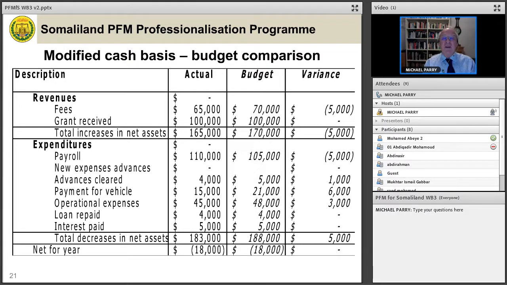Sorry, looking at the wrong line. We expected the assets to go down by 18,000, and they have gone down by 18,000. So overall, there's no variance between the budget and the actual. But there are significant differences in individual line items.